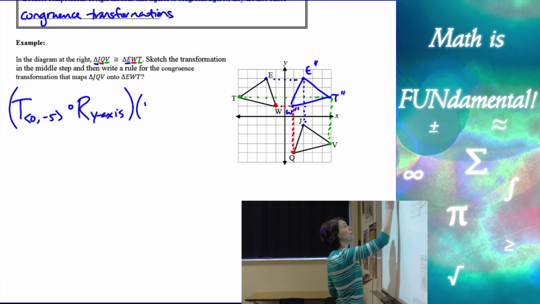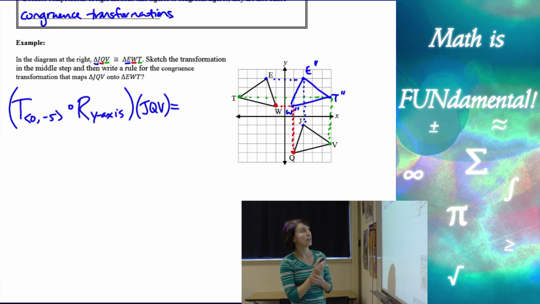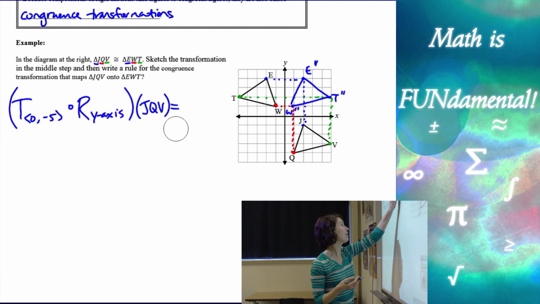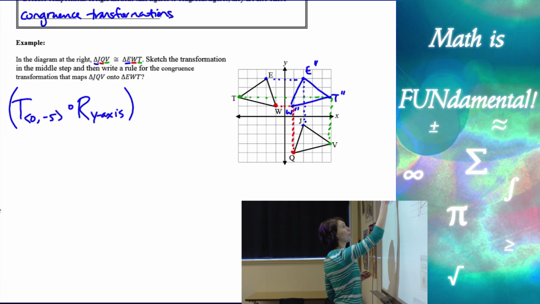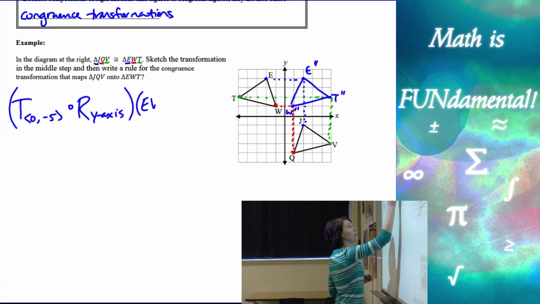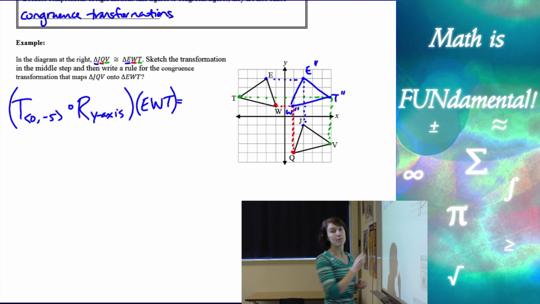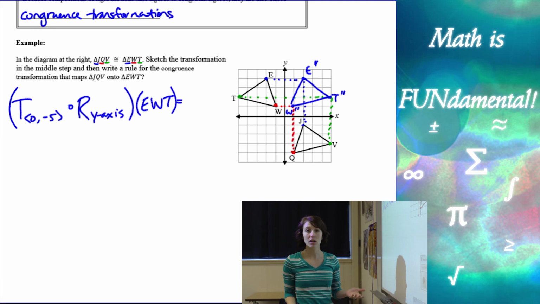I need to put my original, my pre-image, JQV, and then make sure, oops, except look at what I just did. My pre-image wasn't JQV. My pre-image, I decided to start with EWT. We want to make sure we really put which one we started with. I could have started with the other one.